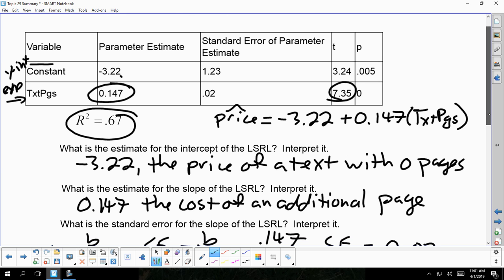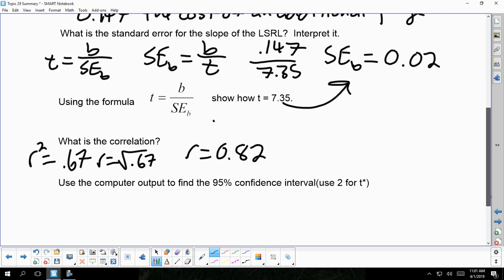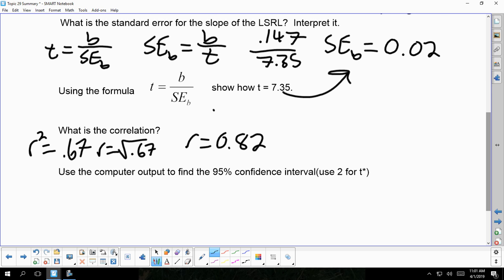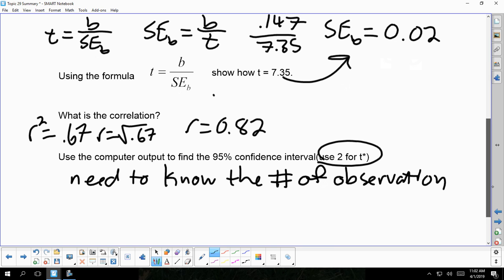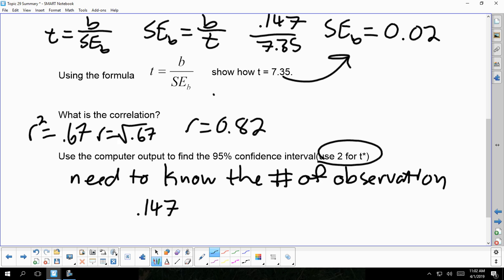But we need one more bit of information to calculate the confidence interval, because we need to know the number of observations, because we need to figure out n minus 2. So in this case, we're going to just use 2, that plus or minus 2. And we have our slope, which was 0.147, plus or minus t star of 2 times 0.02.